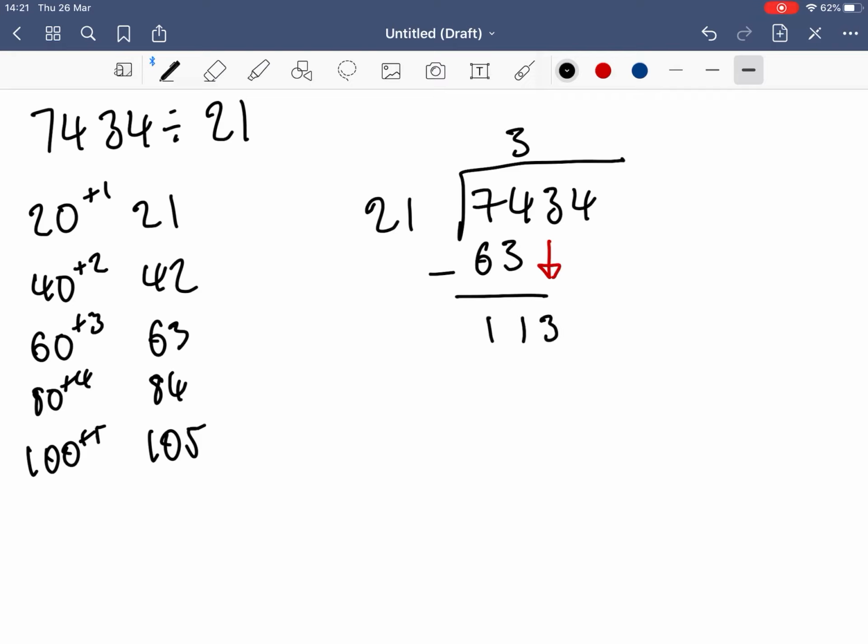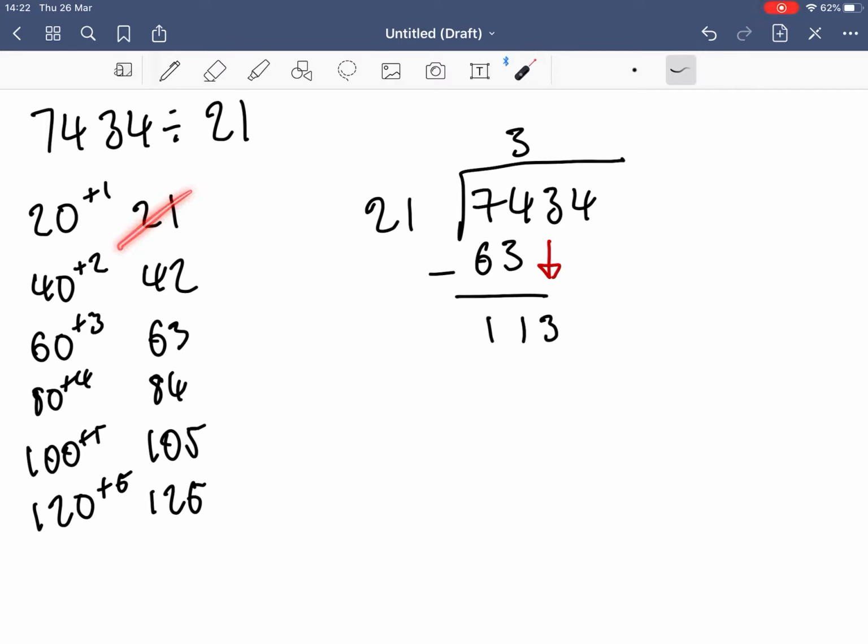Now, how many 21s go into 113? Just to confirm, let's look back over here to see if when we add 21 to the 105, 126, see if we're not going far enough. Let's just check that. So how many 21s go into 113?